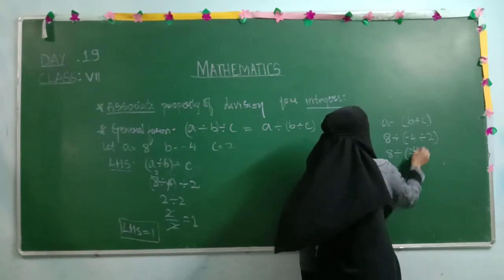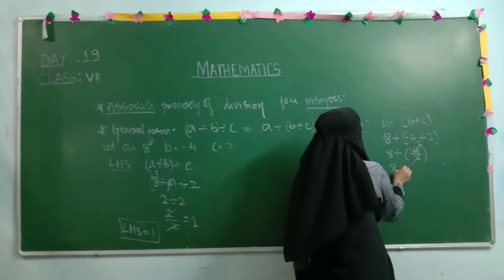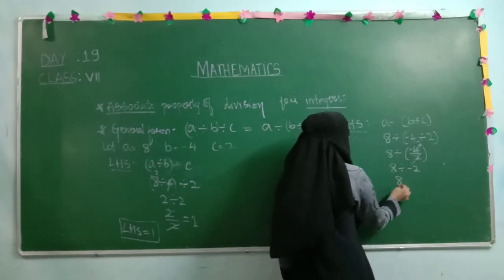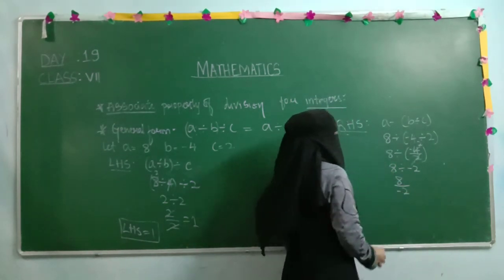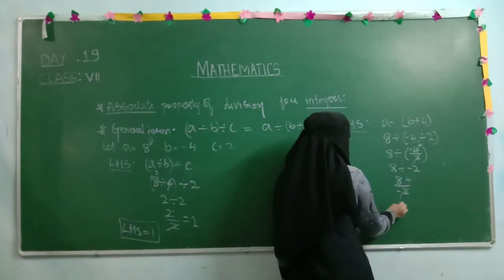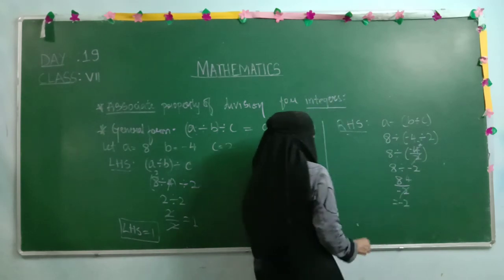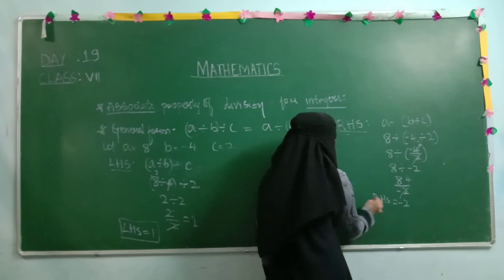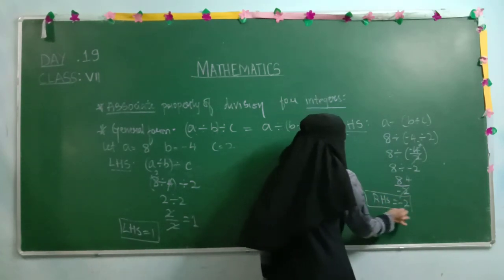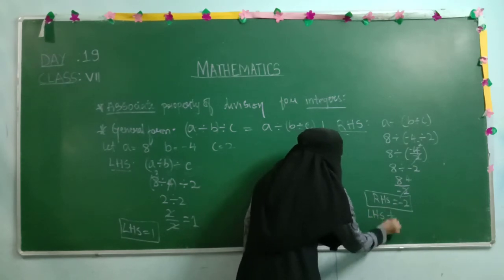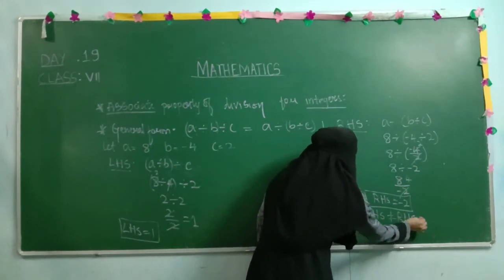Okay, 2 ones are 2, 2 twos are 4, so minus 4 by 2 is minus 2. So 8 by minus 2, 2 fours are 8, so the result here is minus 2. What is this minus 2? This is the RHS, and we have observed LHS does not equal RHS.